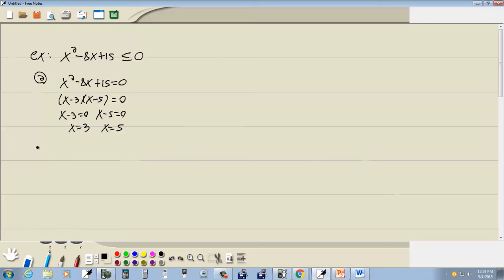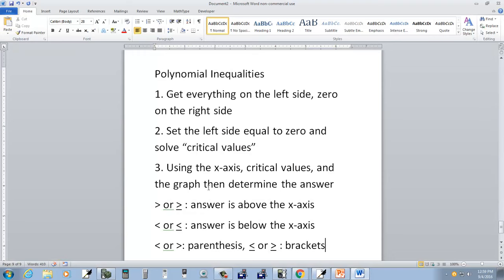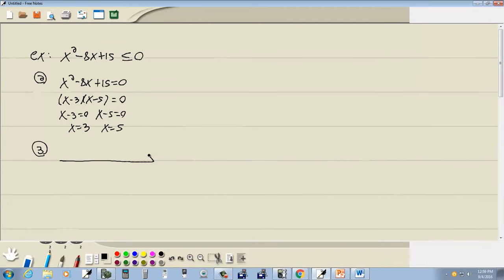Now those are our critical values. Step 3, using the x-axis. So here's the x-axis. Here's 3 and here's 5. And these split them up into intervals. Clear over here is negative infinity, and clear over here is positive infinity, always.